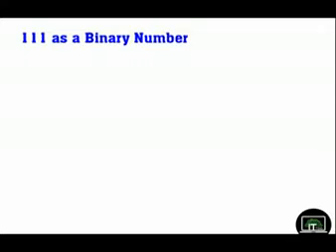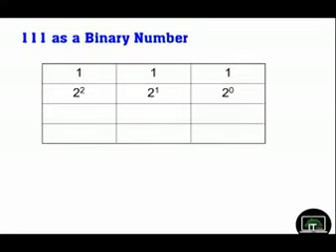Now, if we say 1, 1, 1 is a binary number, what is the value of this? We calculate as follows. This uses base 2. The first position is 2 to the power 0, then 2 to the power 1, then 2 to the power 2. The positional values are 1, 2, 4.